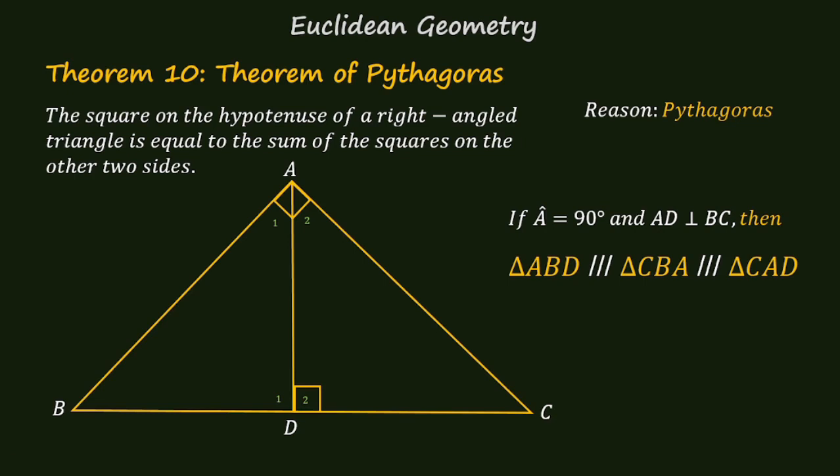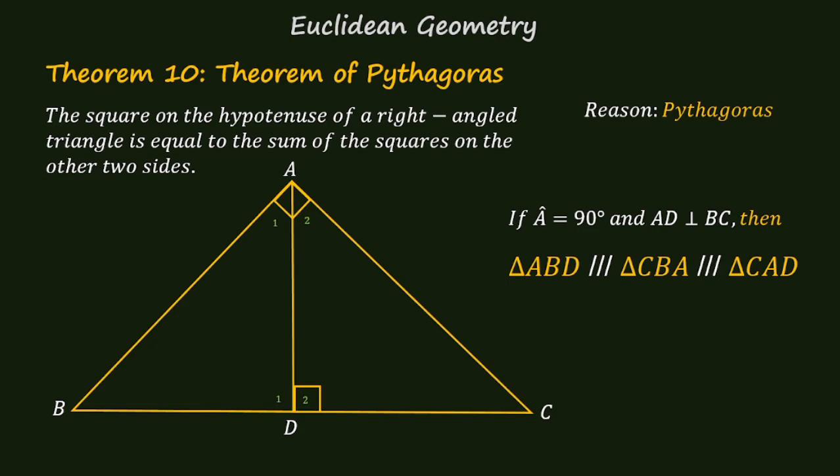And finally, we get to the most popular theorem in mathematics, the Theorem of Pythagoras. One of the cleanest ways of proving this theorem is by using the similarity of triangles, or similar triangles.